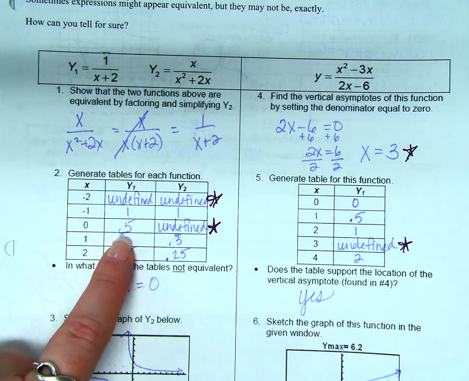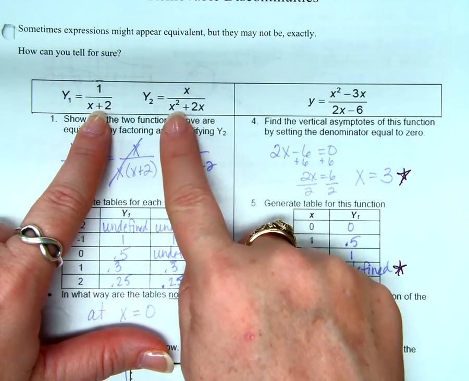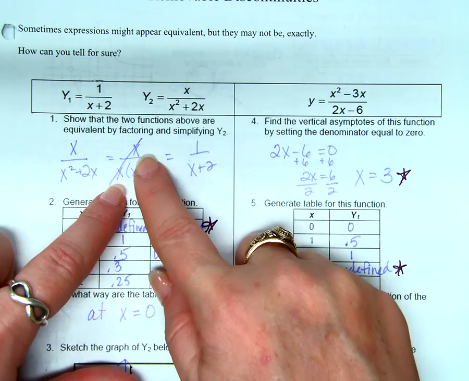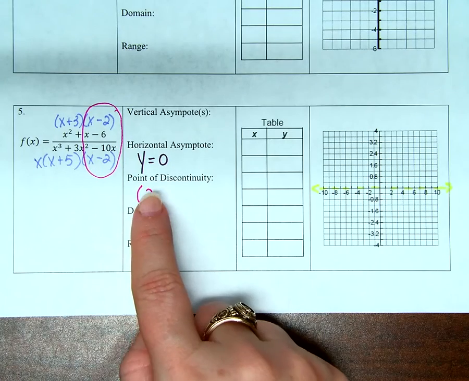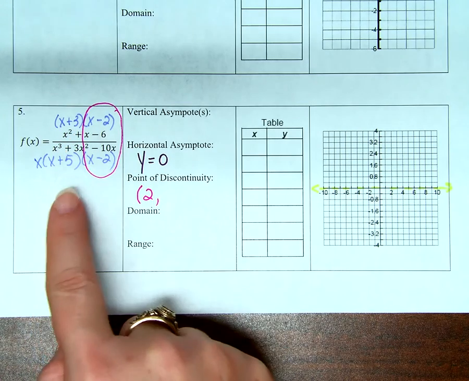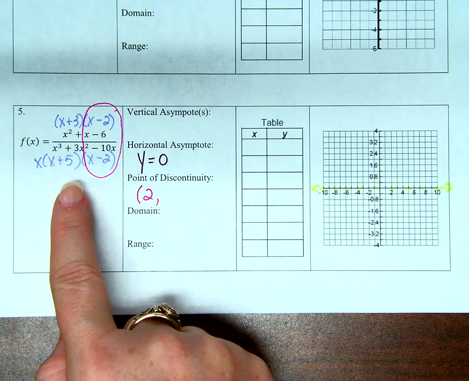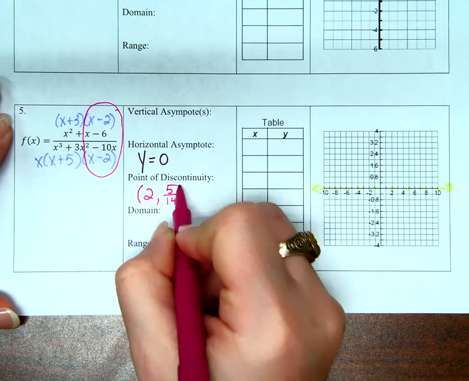It gave me a y value for 0 when I plugged it into this one because I proved that these two were equivalent. These just had one more factor, right? Okay, so if I plug a 2 in, I get 5 over 14. Done.